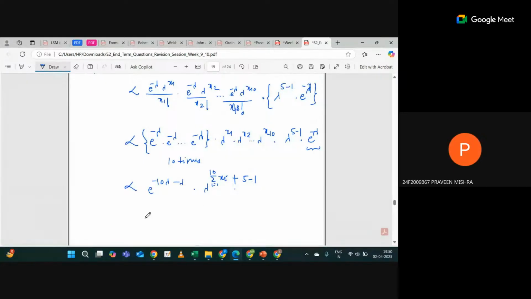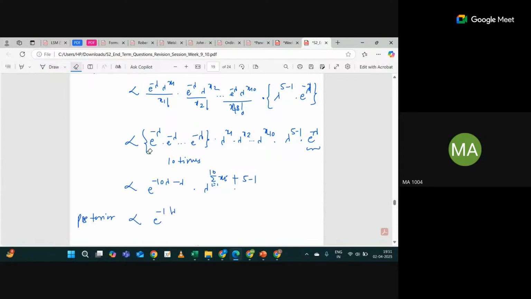Is this clear? Yes, sir. So the posterior will be proportional to e raised to the power minus 11 lambda into lambda raised to the power 5 plus the summation of xi, which is 35, minus 1.